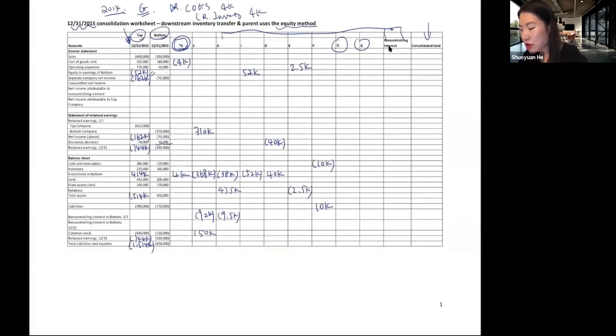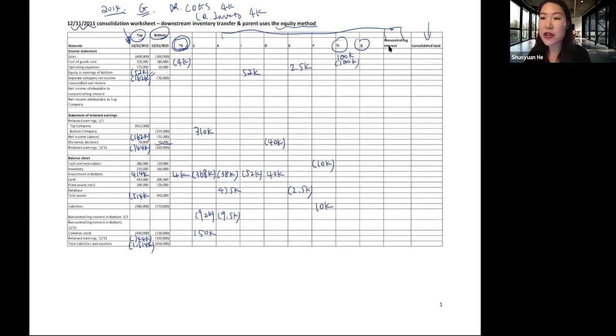So on consolidation entry T, we use it to eliminate 100,000 of intra-entity sales, overstated sales associated with the intra-entity inventory transfer. So we do that by debiting sales for 100,000 and crediting cost of goods sold for 100,000.